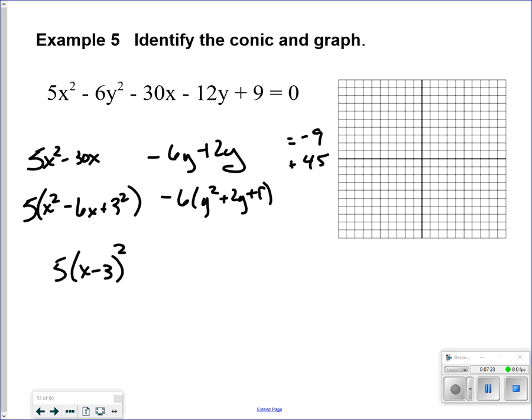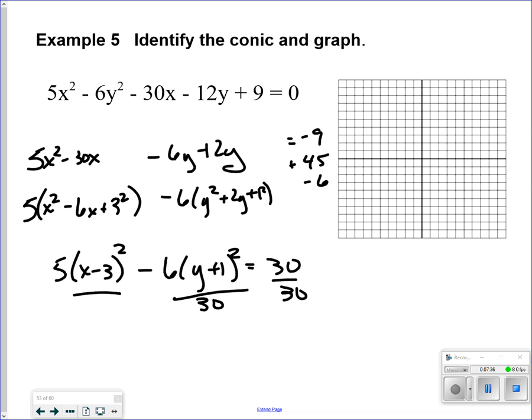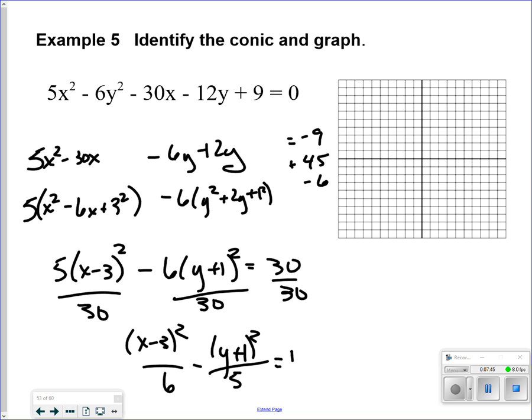Half of 2 would be 1, squared, times the -6 on the outside. Add all that up, I get 30. Because ellipses and hyperbolas equal 1, (y plus 1) quantity squared over 5 equals 1. So again, this is a hyperbola.